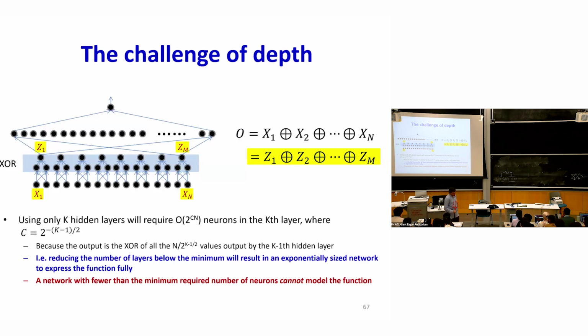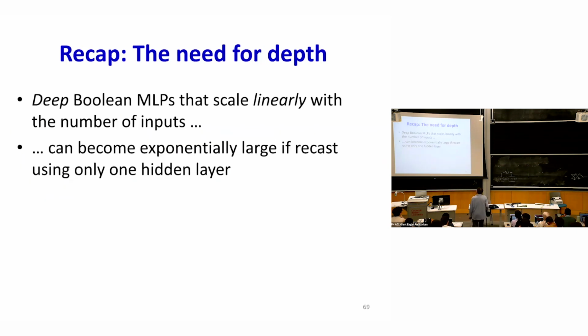There are several theorems to this effect: in the worst case, for any Boolean function, if you limit the depth of the network, it is going to be exponentially large. The only time where you can get away with a linear number of units is if the depth of the network itself is a function of the number of inputs. Over here, we found that to be log base 2 of n, right?